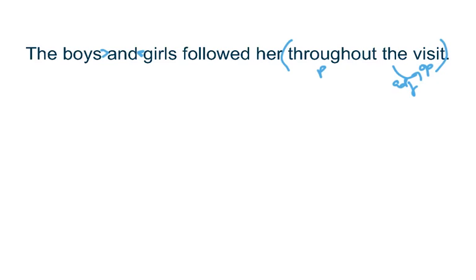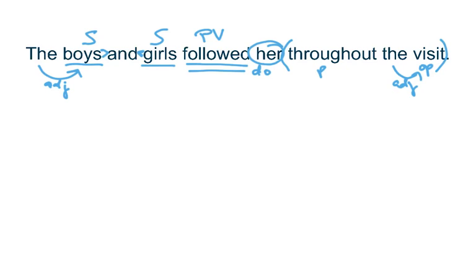What's the subject of my sentence? What's it about? Boys and girls. What did they do? They followed, which is an action verb, predicate verb. Who did they follow? Her. Look at that beautiful objective pronoun. So we have a direct object. We have not yet marked the. That modifies boys.